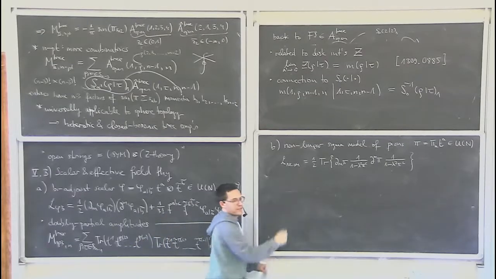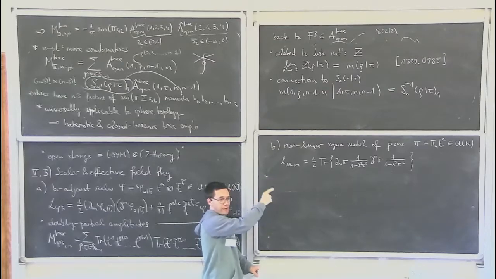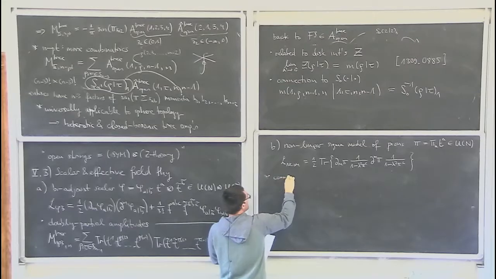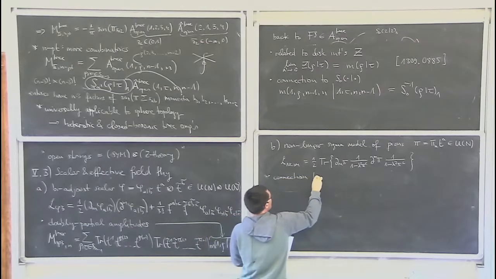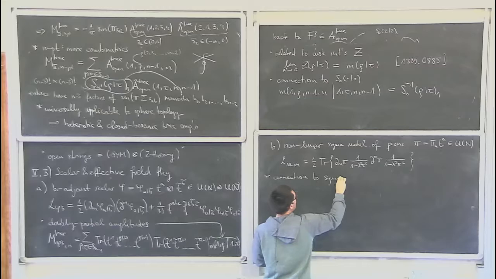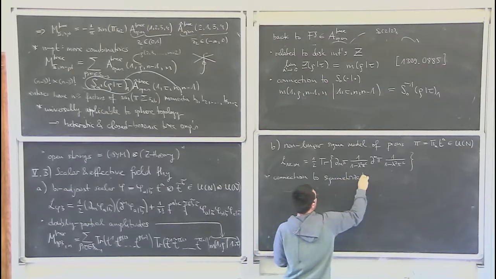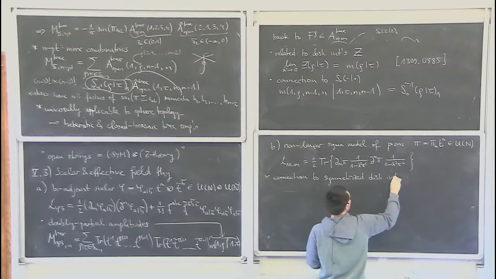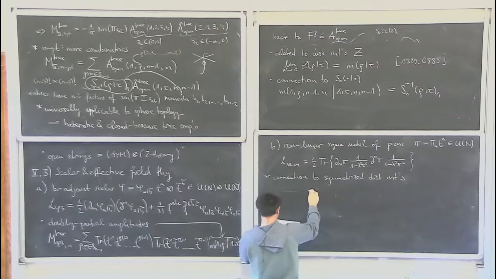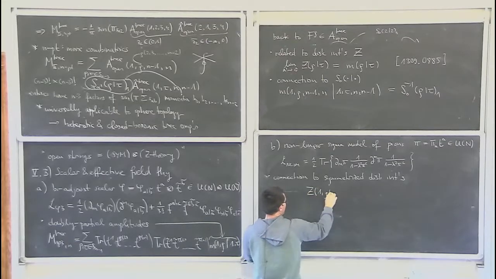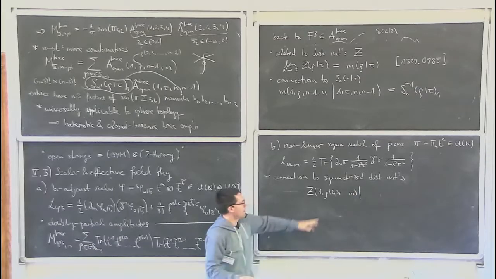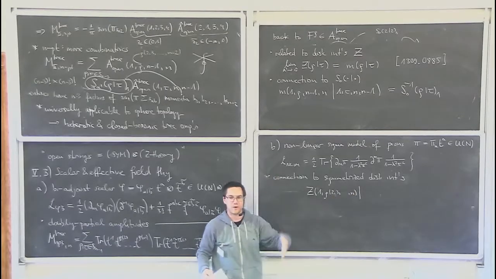you can compute the tree amplitudes of this theory from symmetrized disk integrals. What do I mean by symmetrized? So far we looked at a fixed choice of the string theory color ordering. But now I want to do the following: let's just add up different disk orderings.